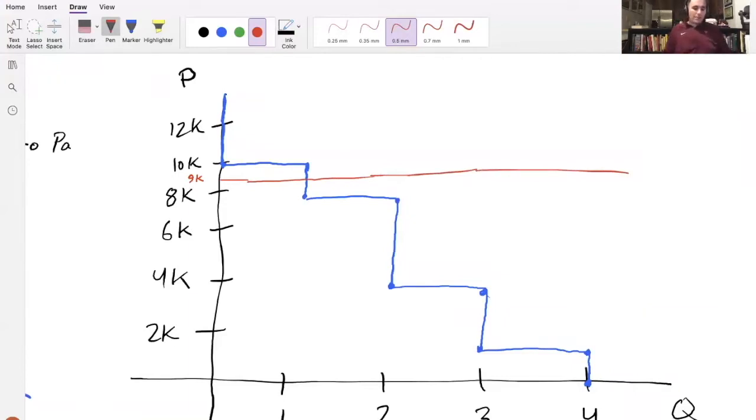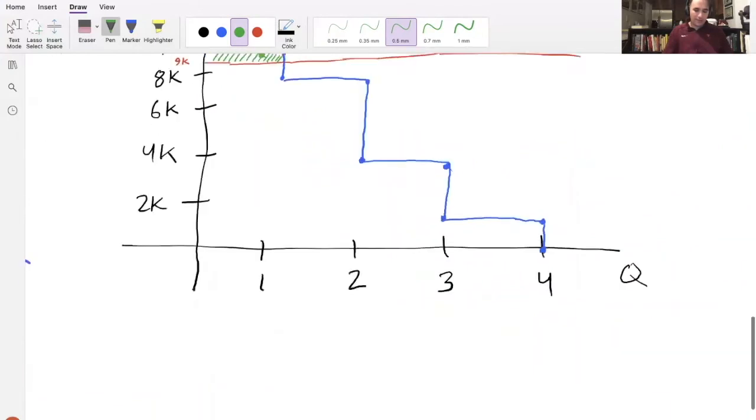What we have is that the consumer surplus is the area under the demand curve above this price line at 9,000. In other words, it is this shaded area. And so to compute consumer surplus, all we have to do is compute the area of this shaded region.